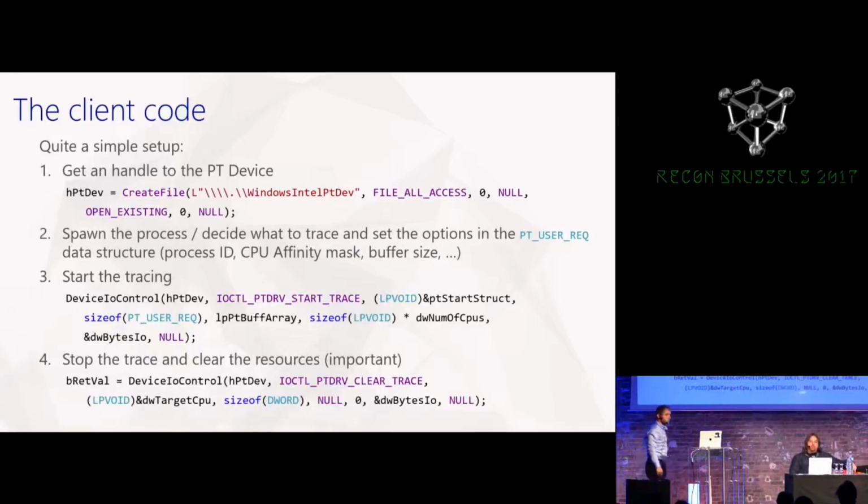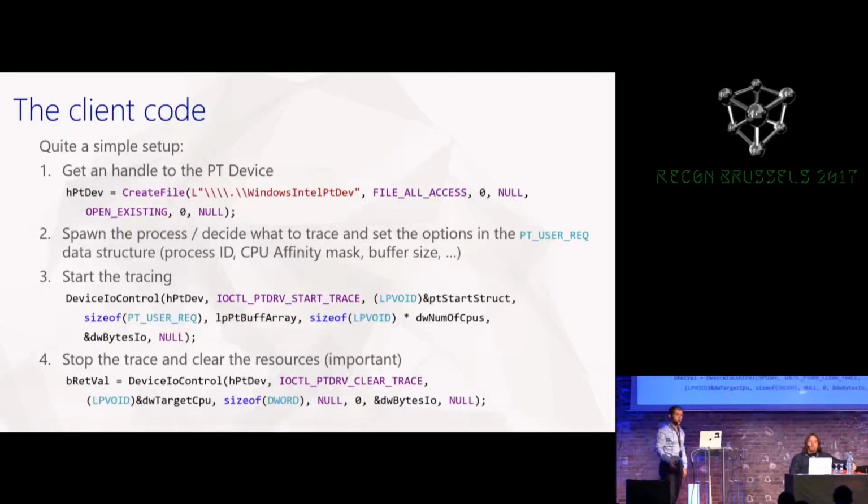After that, you have to fill a data structure named PT user req, that means a request. And then you have to ask the I/O manager to send the IOCTL to our device, specifying the user request. After this, the trace starts.